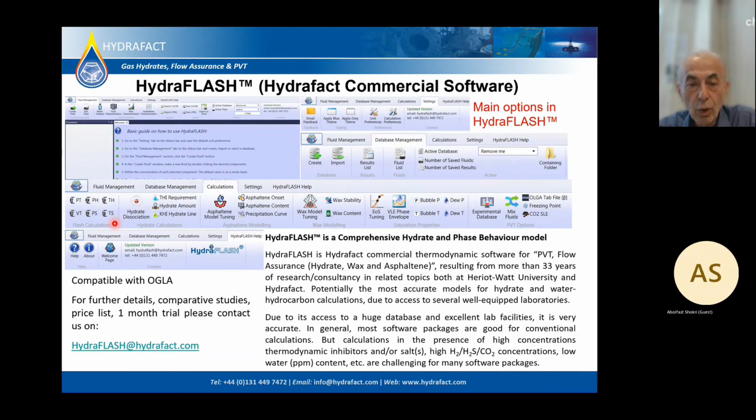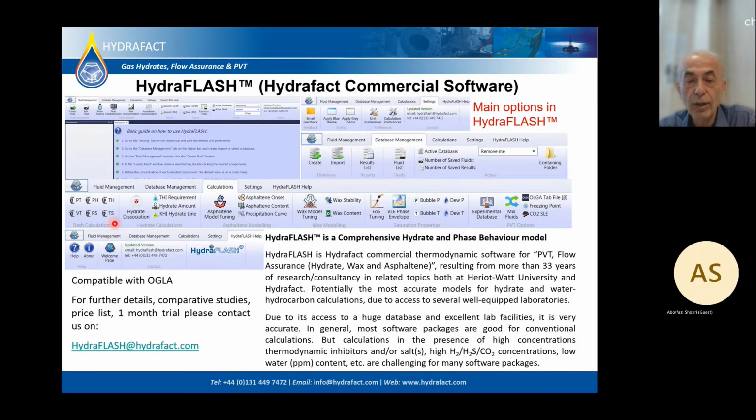We are the only company that is developing software and has access to experimental data. Our access to experimental data comes from the projects we do, and also the experimental equipment that we have in the lab. So anywhere we have a question, we can generate our data.